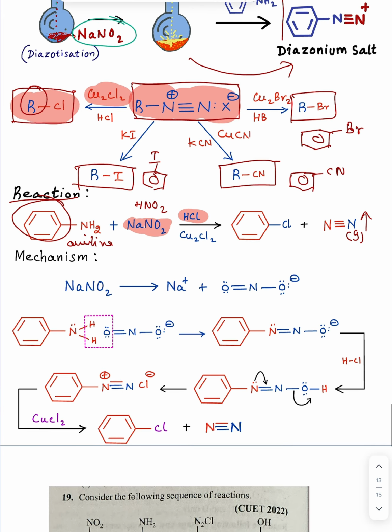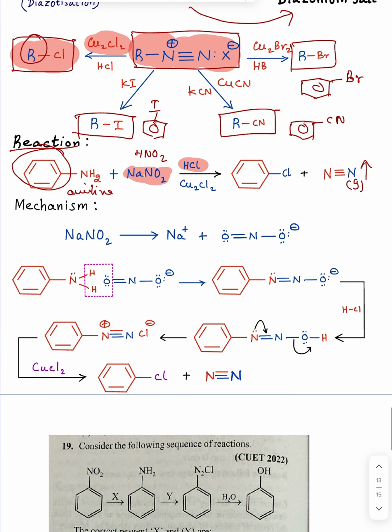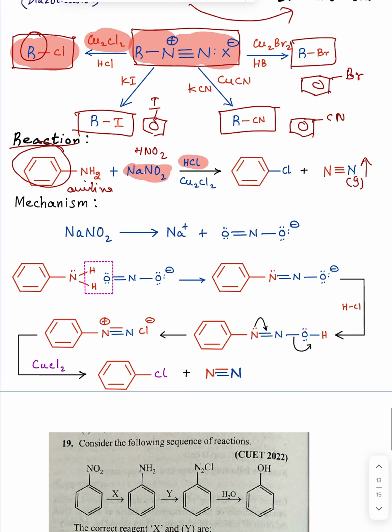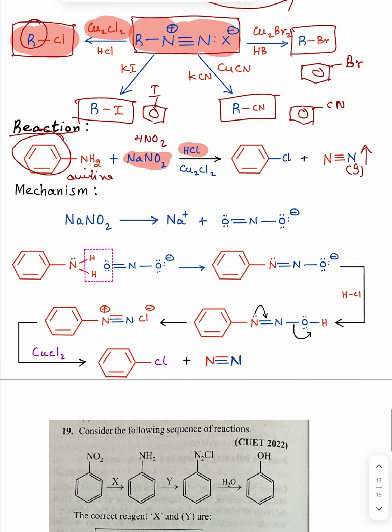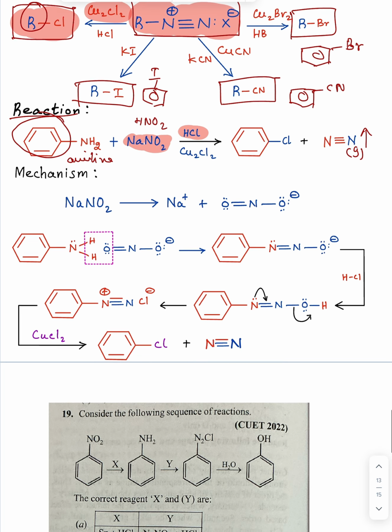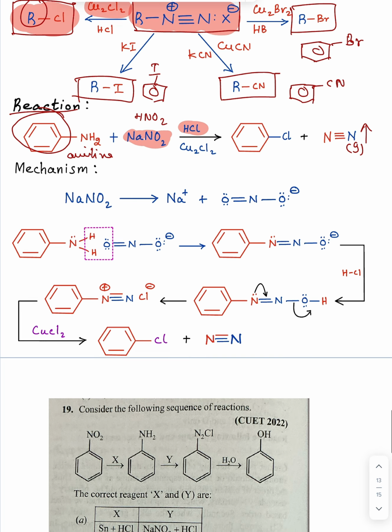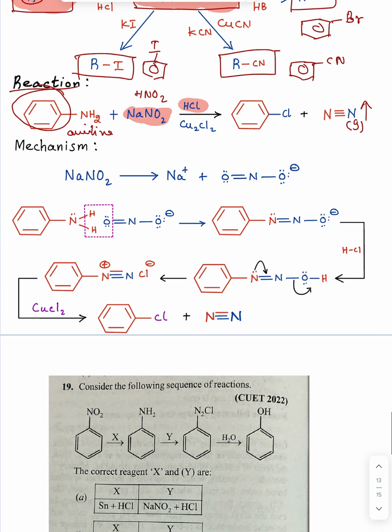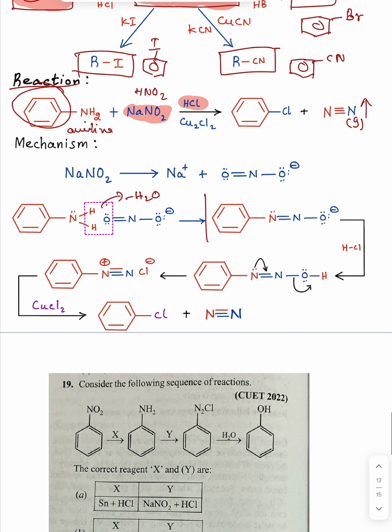Now NaNO2 treated with HCl gives you nitrous acid. That nitrous acid is going to react with the aniline derivative. Here, the elimination of a water molecule is possible. Once you condense the water molecule, you will get an unstable intermediate. Once you react with the HCl, the negative charge on the oxygen abstracts the proton.